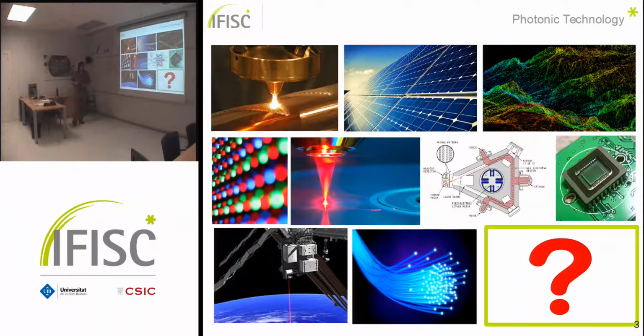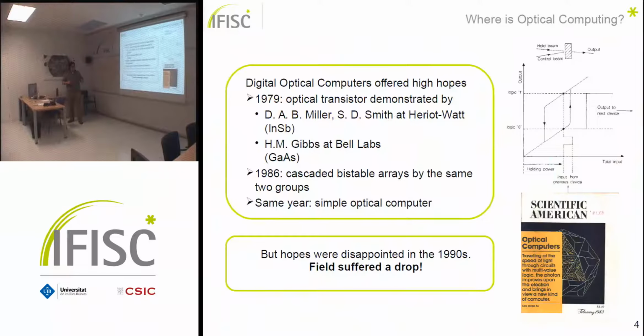So, as you probably know, photonics and optics is a very wide technological field, and we can do many, many things with them. But one of the things that we don't actually do nowadays, normally with optic systems, is process information. And it's not like people have not tried to do these things before.